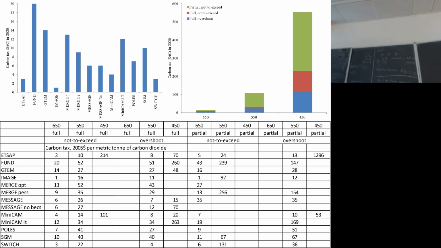Then you need to add the green bars, and you go from 200 to 550, right? And again, the reason for this is simple.